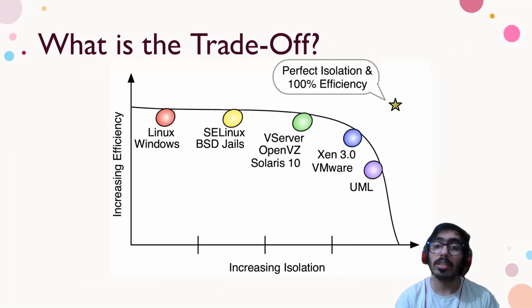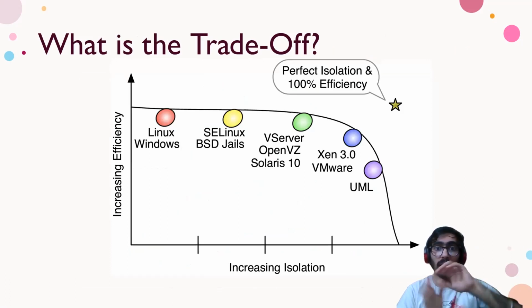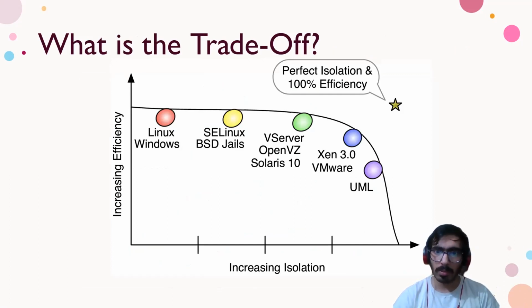This chart shows the perfect isolated system with 100% efficiency. There's no way to get this because this is an ideal system. In virtual machines, we have almost perfect isolation, but the efficiency is low. So the more we try to isolate our guests from the host, the lower the efficiency gets.